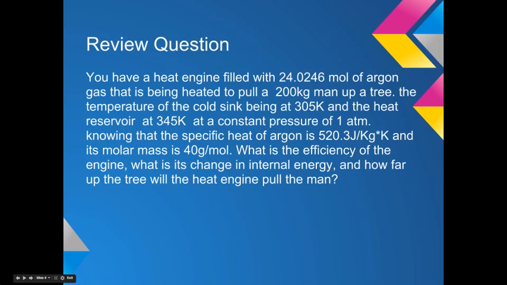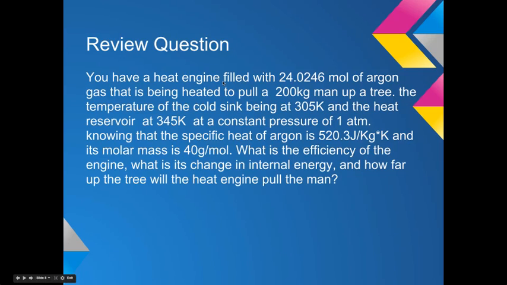Alright, review question time. You have a heat engine filled with 24.0246 moles of argon gas that is being heated to pull a 200 kilogram man up a tree. The temperature of the cold sink is 305 degrees Kelvin and the heat reservoir is 345 degrees Kelvin, at a constant pressure of 1 atmosphere.